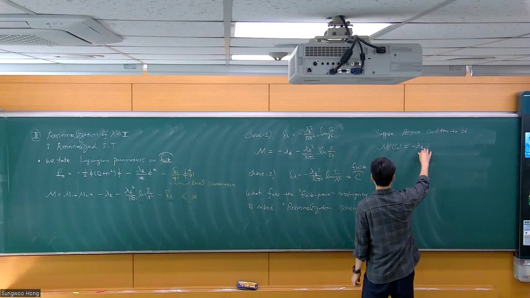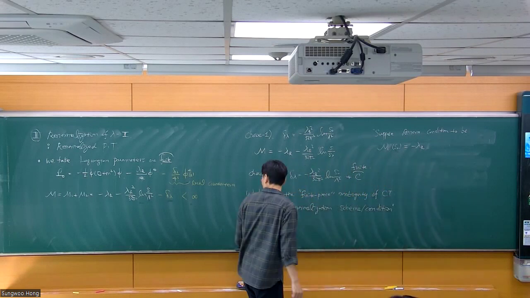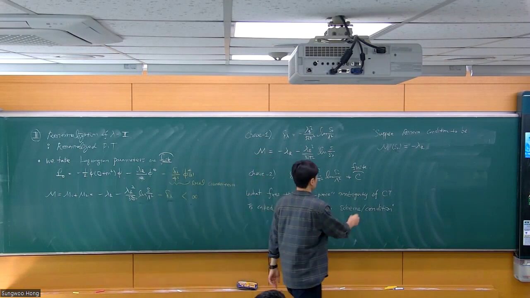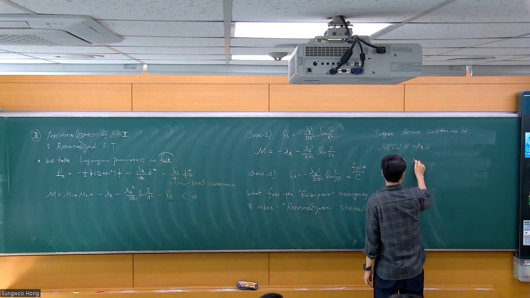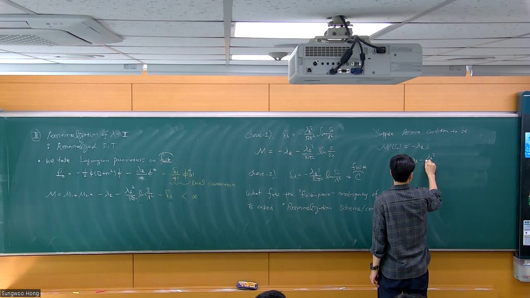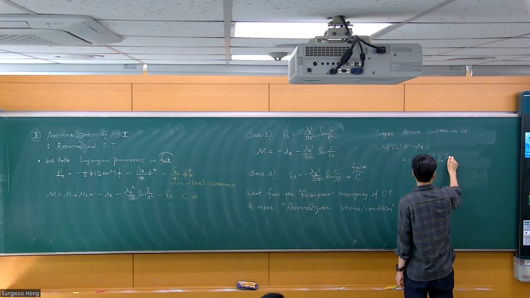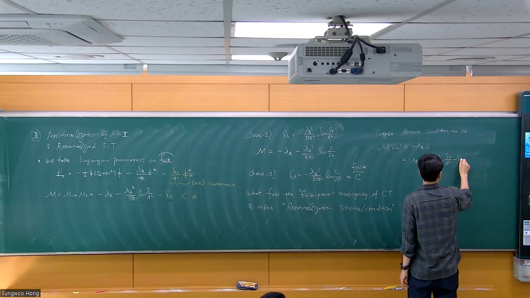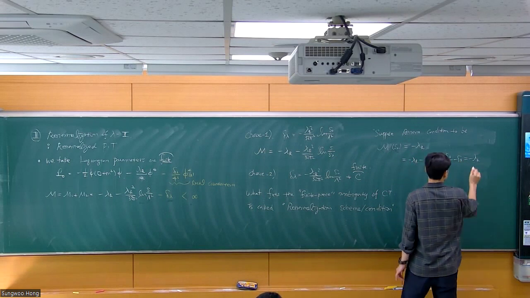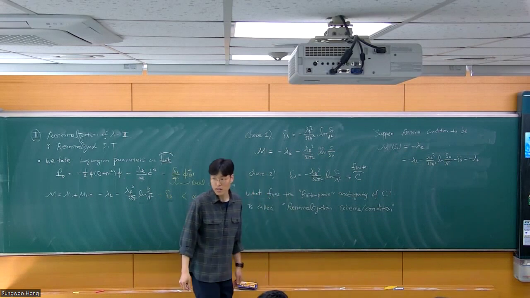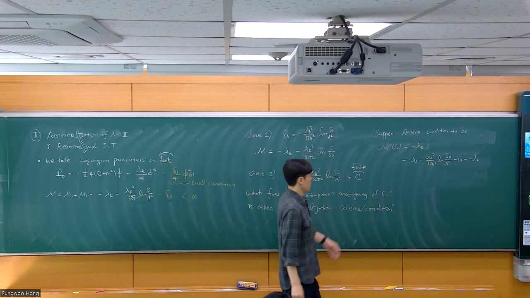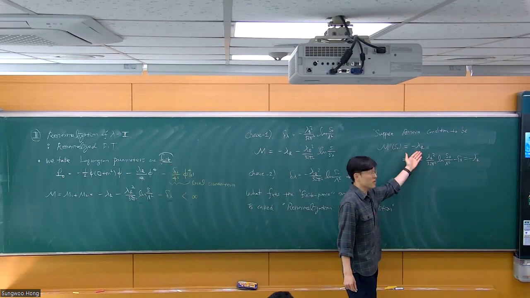So let's see this uniquely fixes the counterterm. So here, if you do it, this is equal to minus lambda r squared, over 32 pi squared. I do the measurement here, and then delta should give me exactly lambda r. So that was my renormalization condition. Note that the renormalization condition is made in terms of observables.